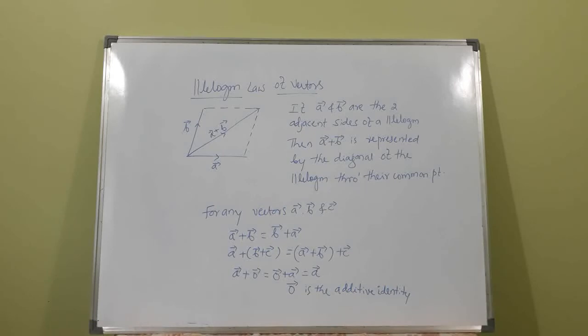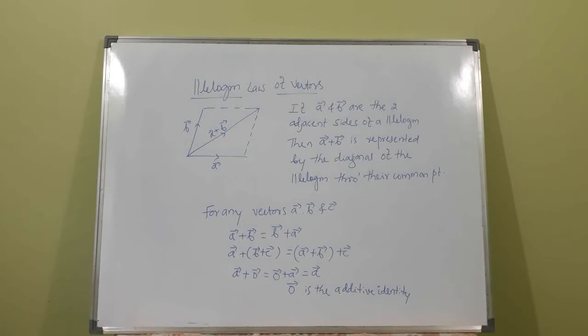If A and B are the 2 adjacent sides of a parallelogram, then A plus B is represented by the diagonal of the parallelogram through their common point. This is the parallelogram law of vectors.